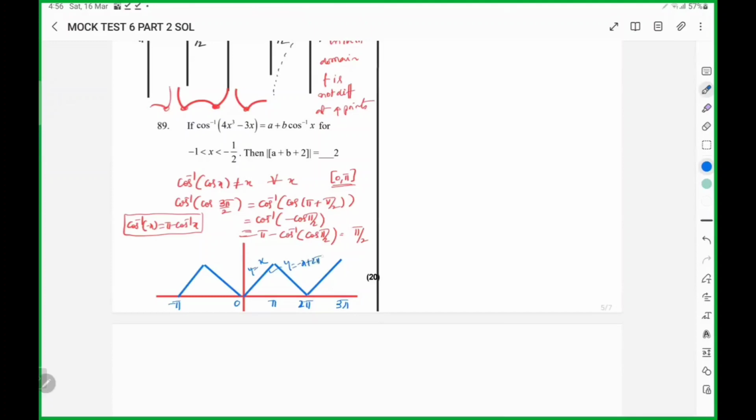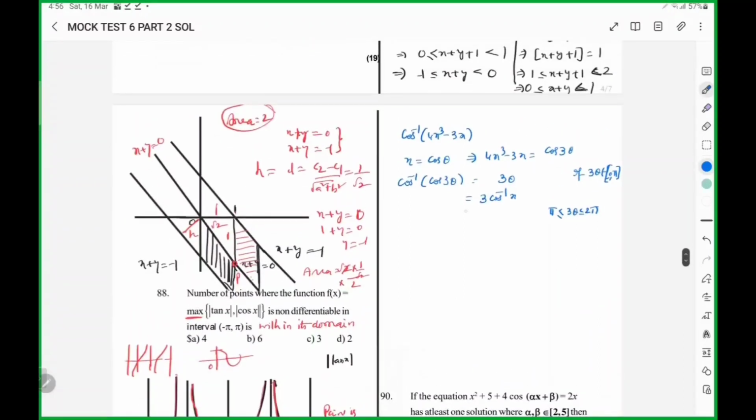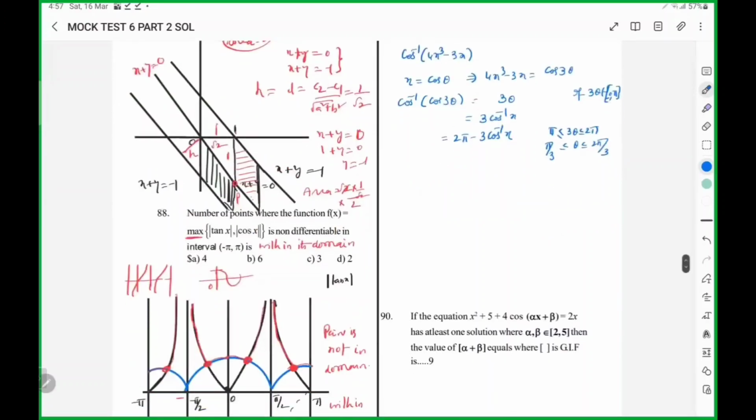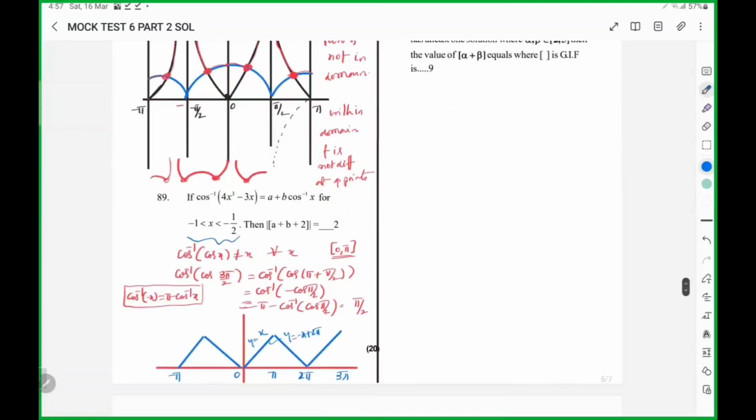It is 2 pi minus x, which is 2 pi minus 3 cos inverse x. That is, theta lies between pi by 3 and 2 pi by 3. That means cos theta lies between minus half and plus half. But here he told it is minus 1 to minus half.